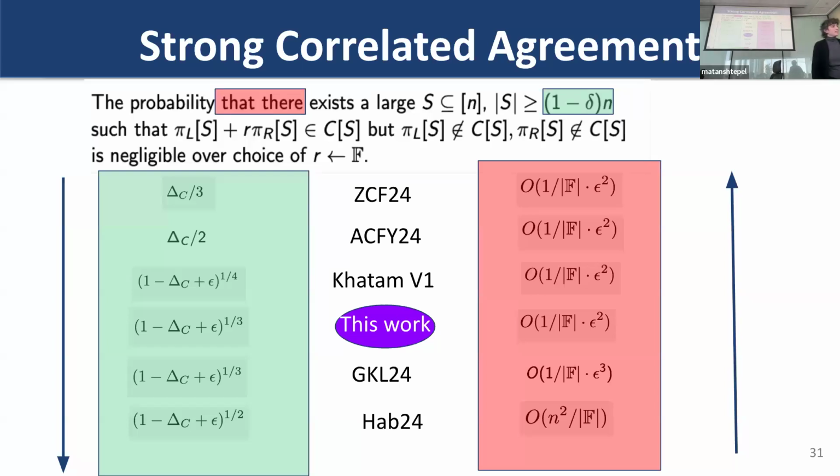How do we make sense of these results? Which of these results is best? If I'm going to reference something, what should I reference? Do these all apply in the same regimes? Do these all apply for any error correcting code? I just gave these results as a history lesson. The only ones you would use are this work and HAV24, and those are two different regimes. HAV24 is Reed-Solomon with a larger error probability.